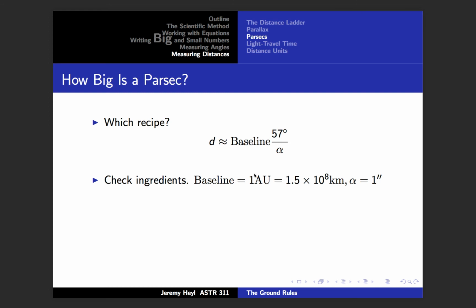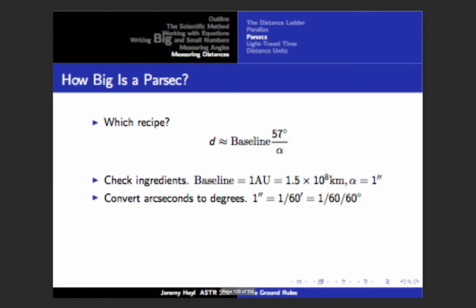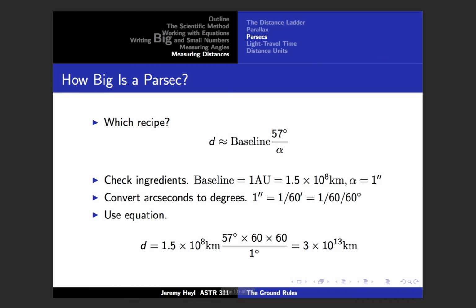I think you can already see it's going to be a big number, because the baseline is a big number, and this arcsecond is really small compared to 57. So we have to convert the arcseconds to degrees. There's 60 arcseconds in an arc minute, 60 arc minutes in a degree. So we end up with this formula where we have it in degrees.